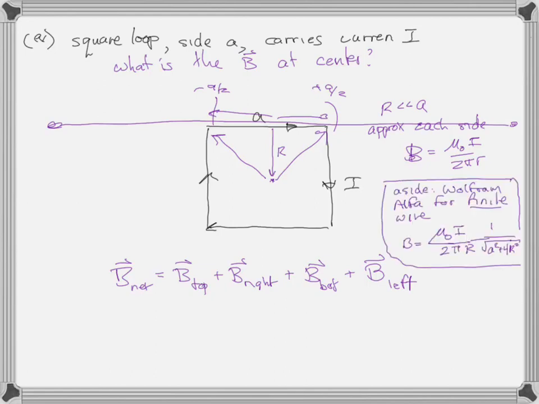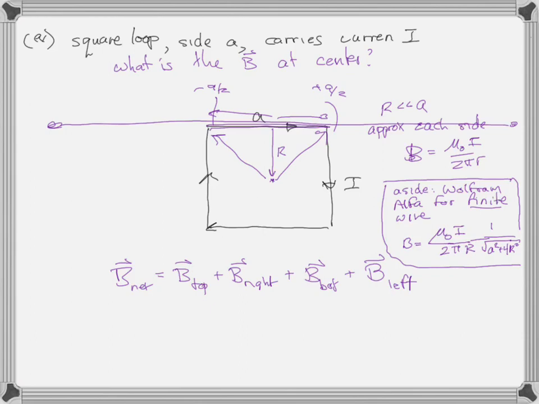Okay. So I went back and recalled what the integral was that we used for a long straight wire. And I put that integral into Wolfram Alpha for a short straight wire, for just a length minus a over 2 to a over 2. You could go back to your notes or back to the video and check what that integral was.